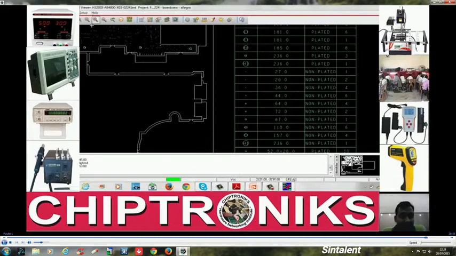But you can play with this software, and you can study the documentation. If you do, you'll get to know how helpful this software is, and you can see each component through this.